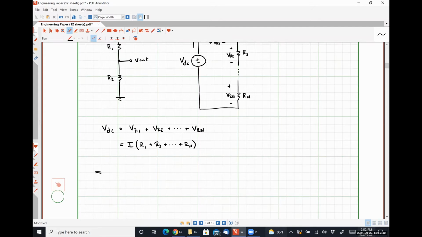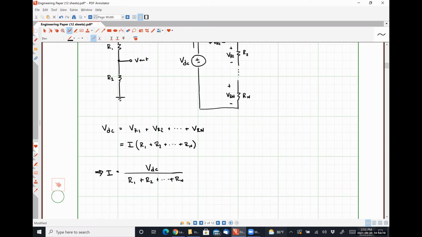So I could say that my current I that flows through all of these elements is whatever that source voltage is, VDC, divided by R1 plus R2 plus Rn, right? Voltage divided by the total resistance gives us the current flowing through that loop. Nothing really weird. You guys did this over and over again in your engineering 120 classes.